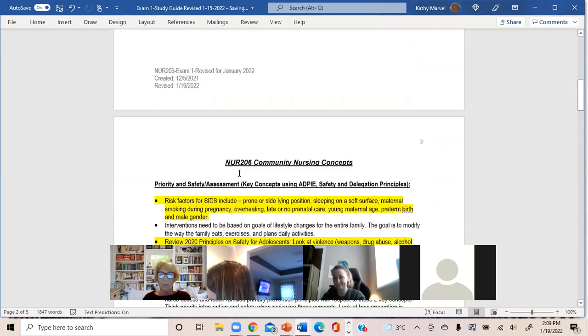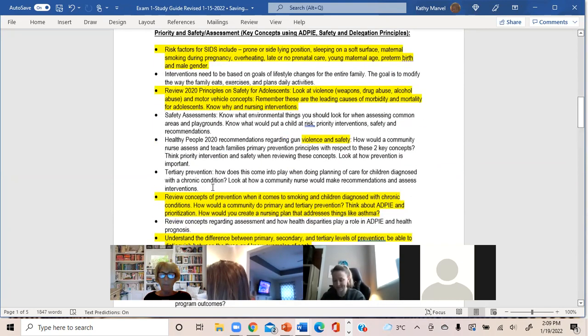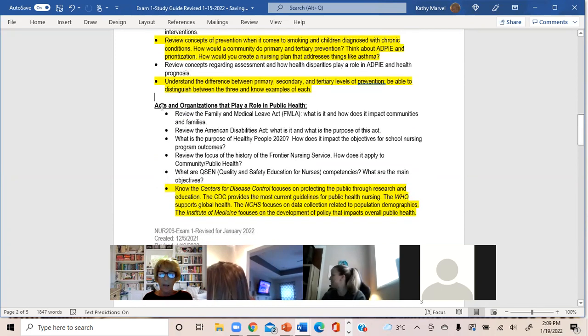So that was the first section, priority and safety assessment. Okay. Second section is acts and organizations that play a role in public health. I already showed you where you can find your quality and safety education for nurses, right? That box that we highlighted in chapter 1.